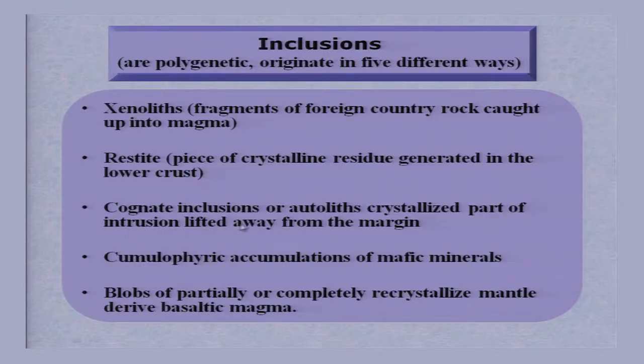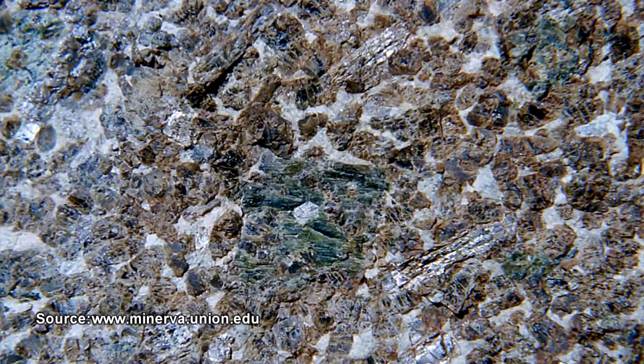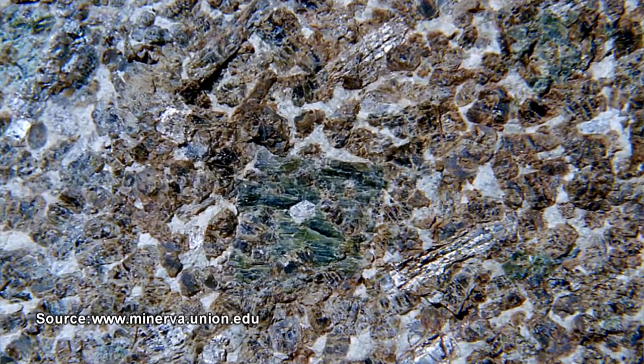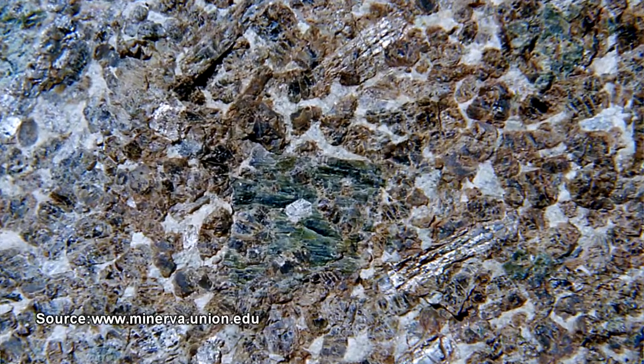Another variety is cognate inclusion, or autoliths: the crystallized part of an inclusion lifted away from the marginal portions. Next variety, cumulophyric accumulation: clumping of mafic minerals at one place. Mafic minerals formed at a greater depth are of larger size. When cooling and crystallization take place at great depths, large size crystals are formed.